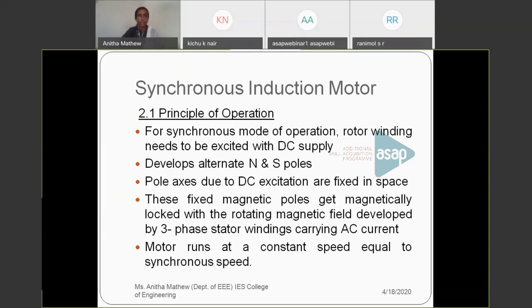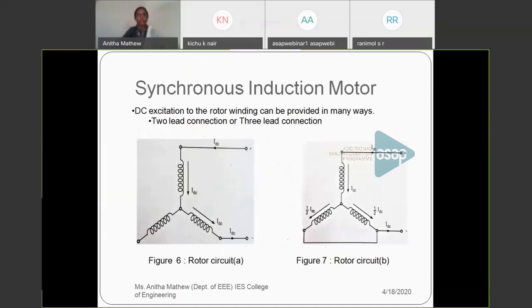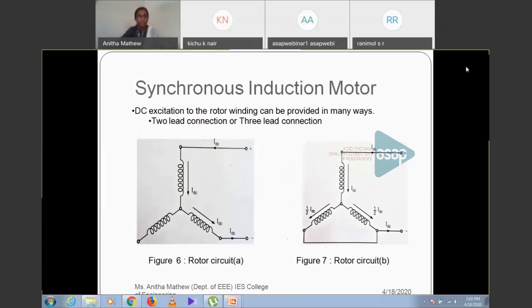Different types of connection are given to the rotor. We have already said that we have three-phase windings on the rotor, giving excitation. Here you can see the first figure, rotor circuit 1. This is known as two-lead connection. The two terminals are connected to the DC supply and one winding is isolated.